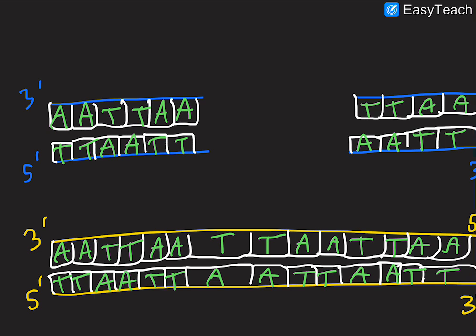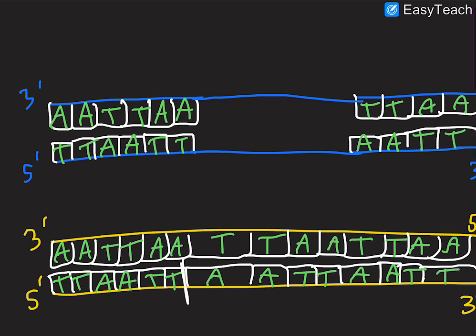So if we demonstrated that real quick, let's say we recruited enzymes to rebuild this DNA, and we're using this sister chromatid sequence as a template. If we're rebuilding the 3' to 5' strand, what we could do is use the 5' to 3' strand on the sister chromatid as a template. So we're going here. Which part is missing?